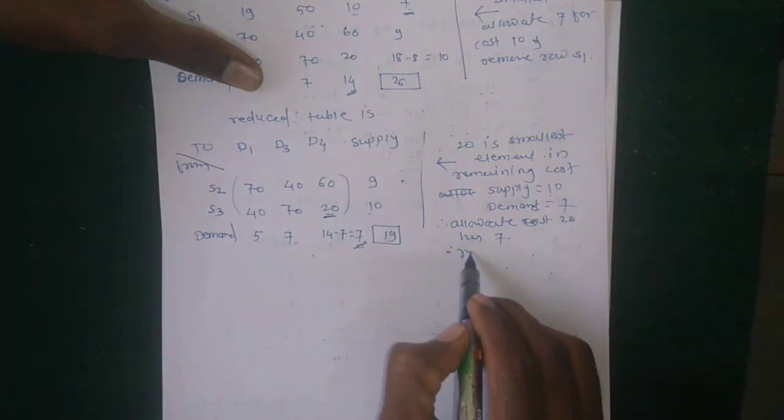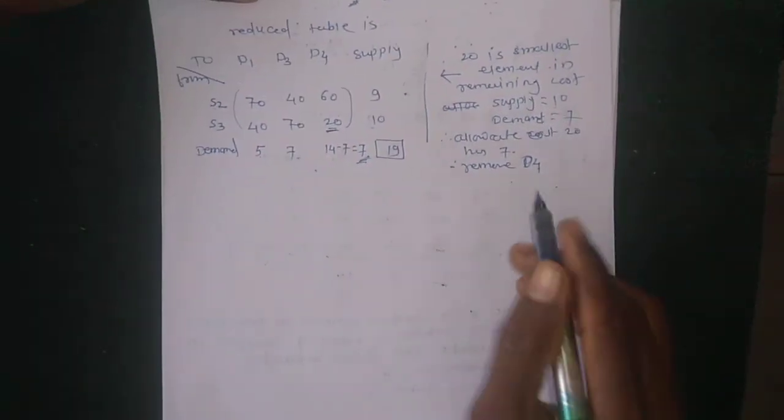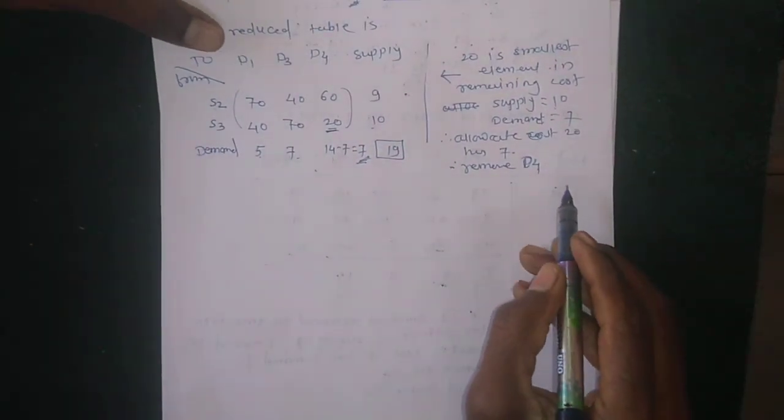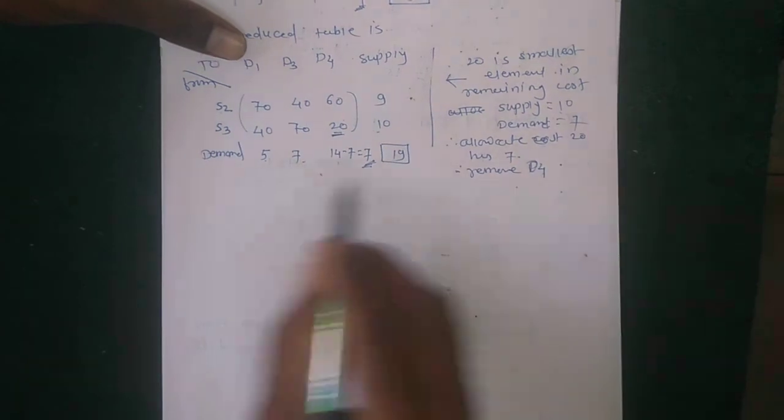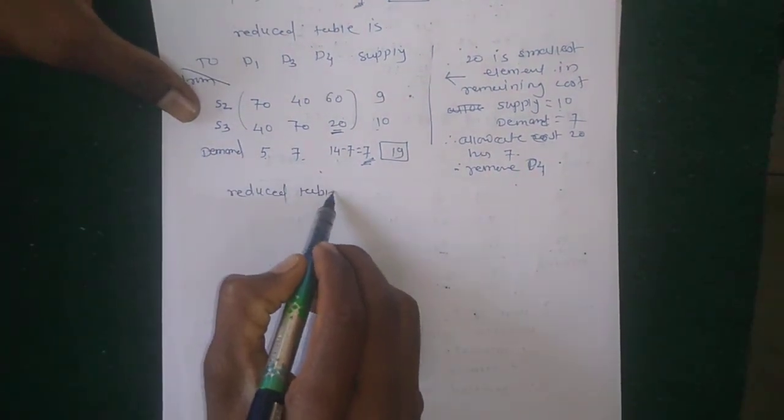So remove D4. Removing D4, we get the reduced table.